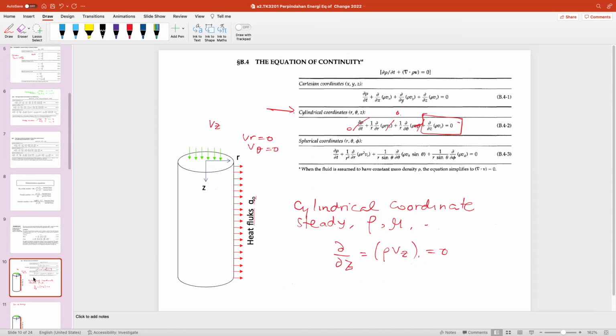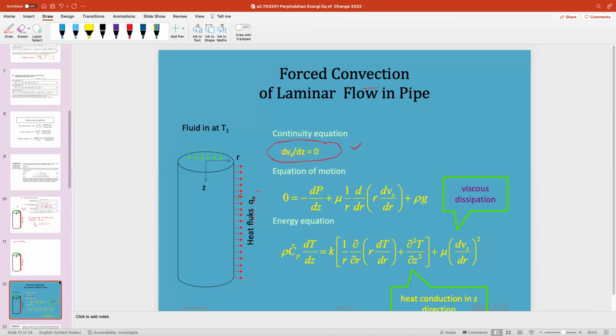Okay, so let's go back again. So we know that this one, they have a T1 and also a Q. So it depends.